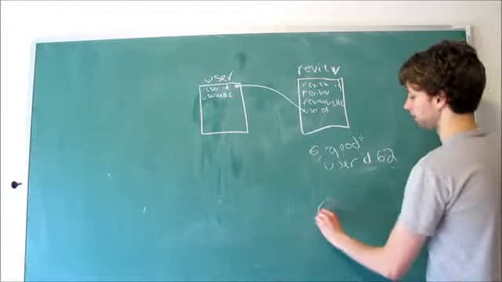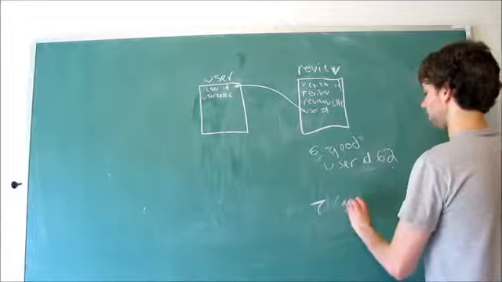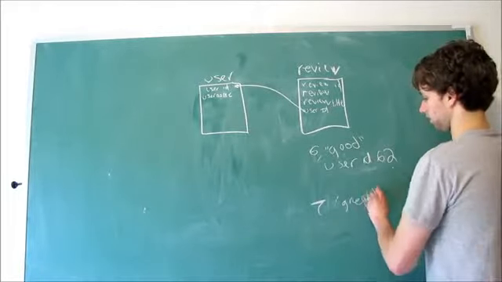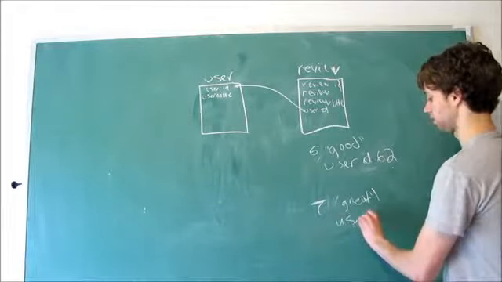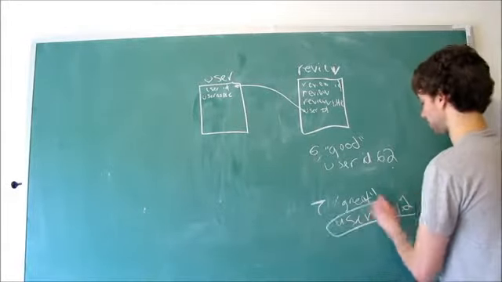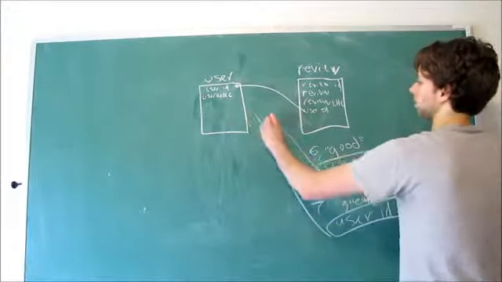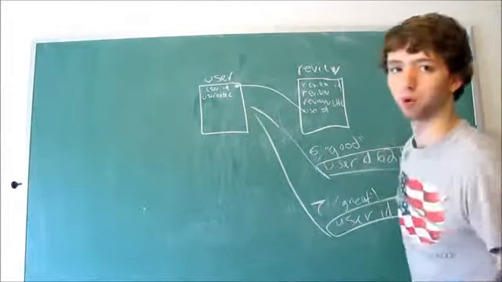Then we could have another one with the review ID of 7, and it could say, great, and it's from the user ID 62. Well, these are both from the user ID 62, so we could say this is a one-to-many relationship because multiple reviews point back to one user.